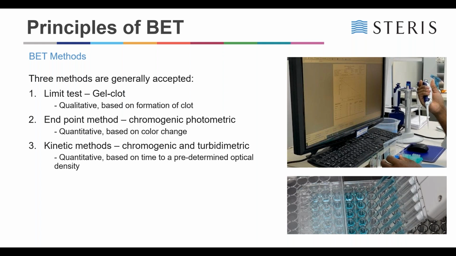The third known methods are the kinetic methods. These include both a chromogenic and a turbidimetric method, and they both rely on optical density to quantitate and give our measurements for BET in products.